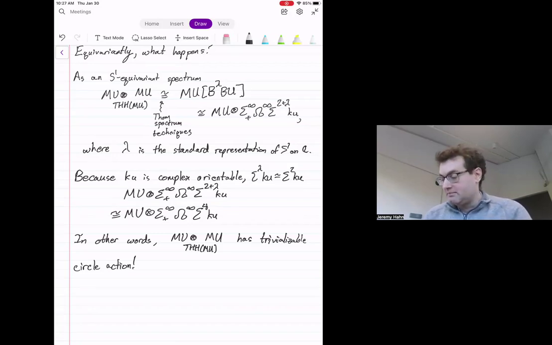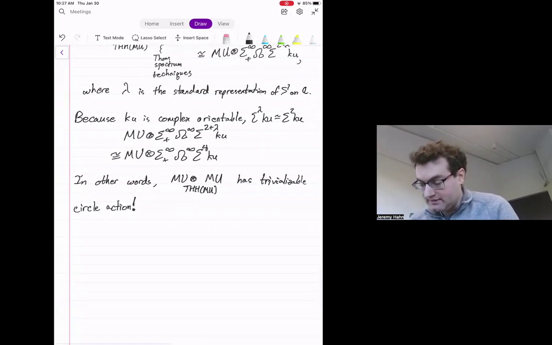This is pretty amazing. The fact that the circle action here has a trivialization means, for example, that any kind of circle fixed points spectral sequence will degenerate, and it will degenerate immediately on the E2 page. And in fact, if you're careful about the trivialization, you can really name elements in the homotopy fixed points of this thing.